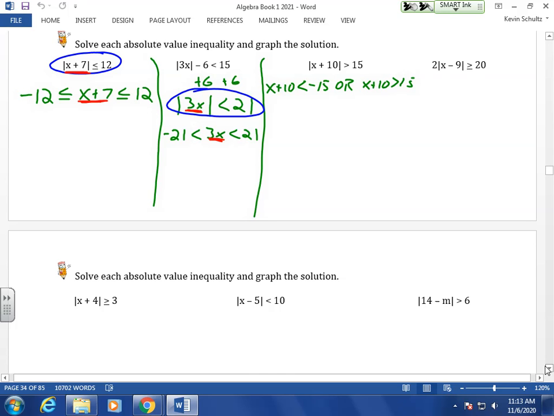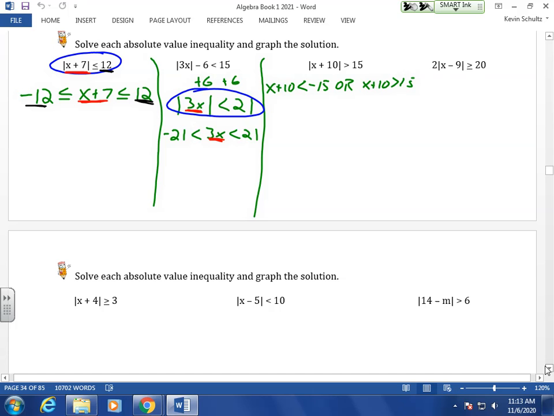On the left, it has a negative number, and then on the right, yeah, essentially what we're doing is once the bars are by themselves for an and statement, we're taking what's inside of them and just putting them between the positive and negative value of our solution side, right? The absolute value of x plus 7 is less than or equal to 12.